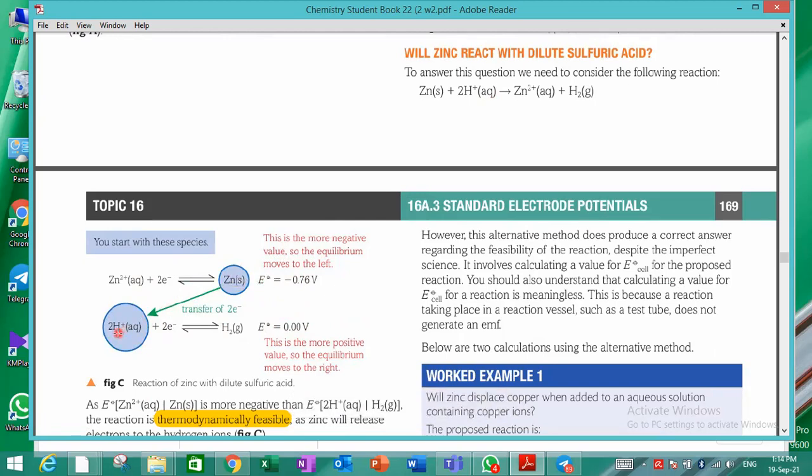So zinc can react with hydrogen ions to form zinc ions plus hydrogen gas. So yes, this reaction is feasible because when we arrange them in this way, zinc will react with H positive, forming zinc ions plus hydrogen gas. Yes, this reaction is thermodynamically feasible or favorable. Understand?